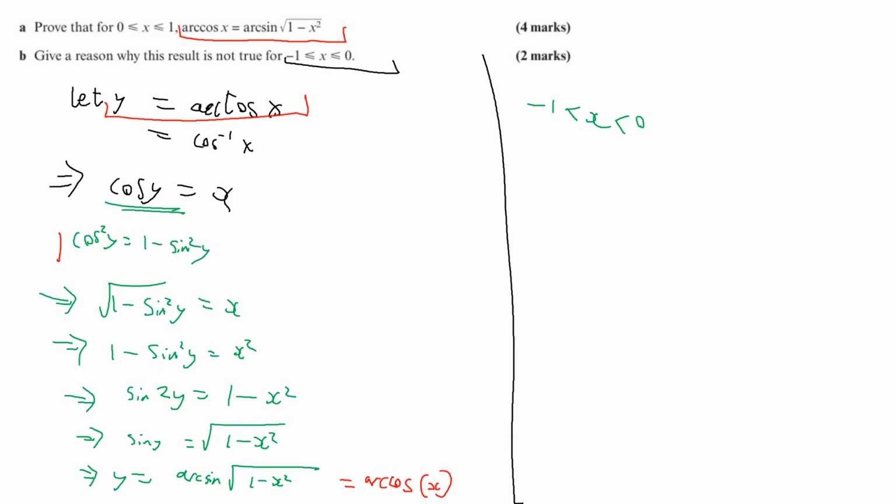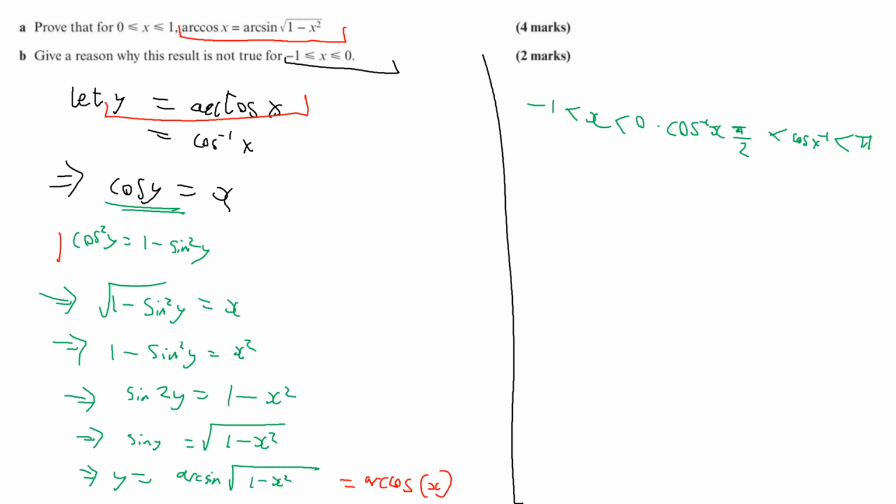Arc cos will go from pi over 2 to pi. This is on the first slide because of the graph.